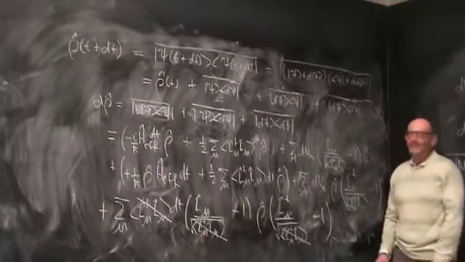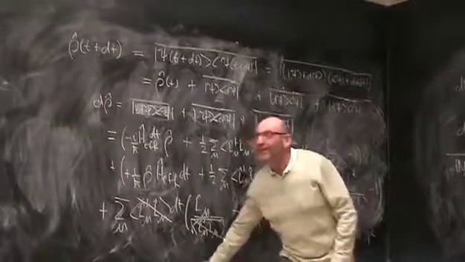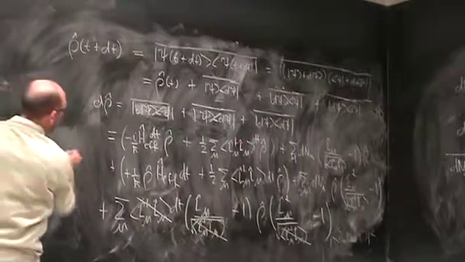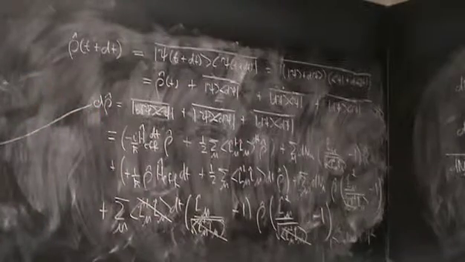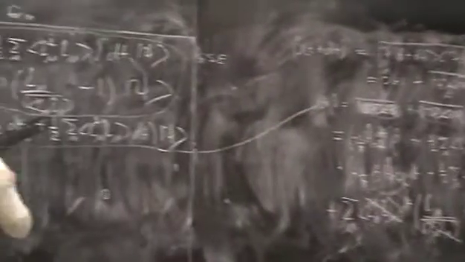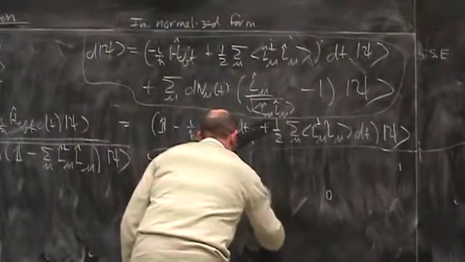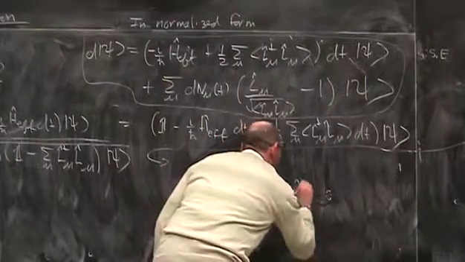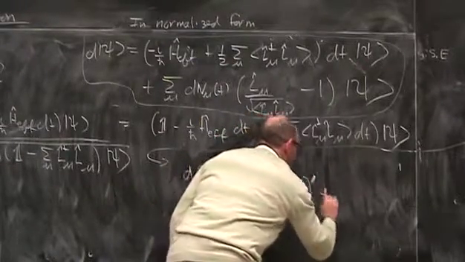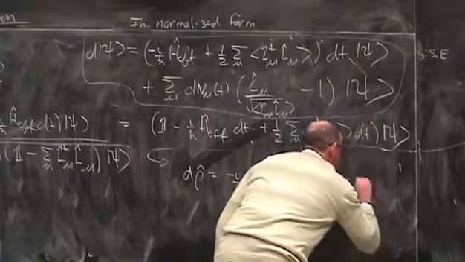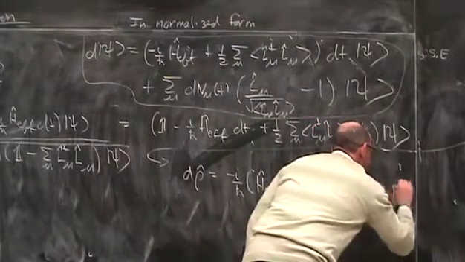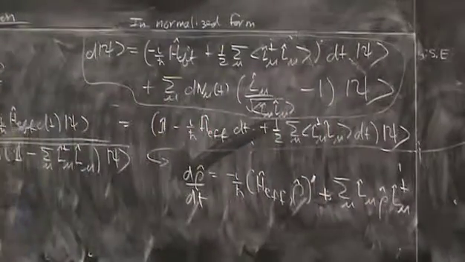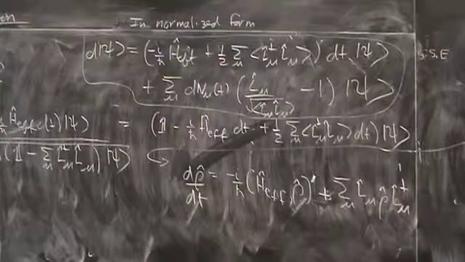All these guys cancel. And when all the dust settles, you can check it for yourself, d rho is equal to minus i over h bar, the commutator of H effective with rho in the primed sense, plus sum over mu, L mu rho L mu dagger. Hooray!